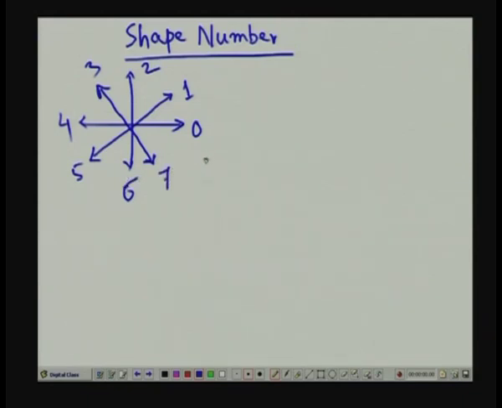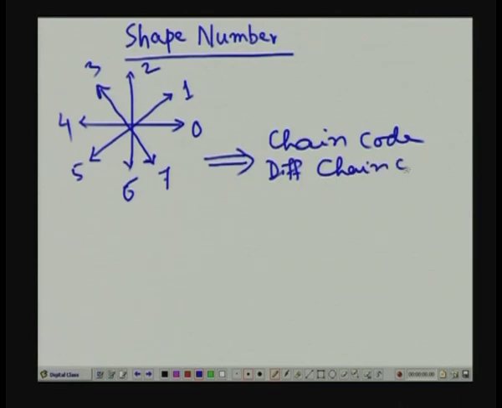And using these 8 directions, we had obtained the chain code, we have obtained the differential chain code, and then we have obtained the shape number.